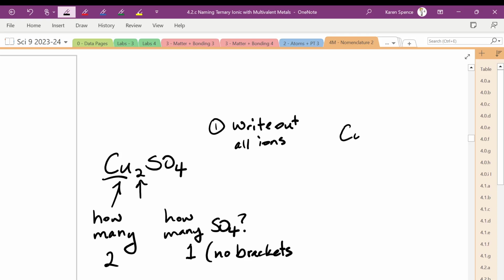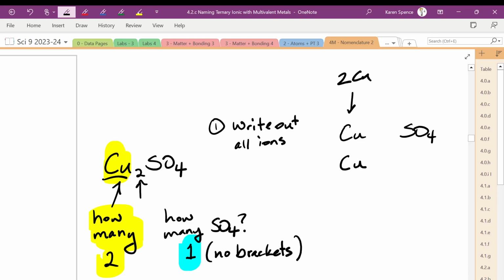Do I write Cu and then I'm done? How many copper were there? 2. So how many copper do I need to draw? I need to draw 2 copper. So I'm going to draw Cu and another Cu. Okay? So this is your write out all the ions. How many SO4? Just 1. So we're going to write out SO4, but we're only going to write it out once, SO4.